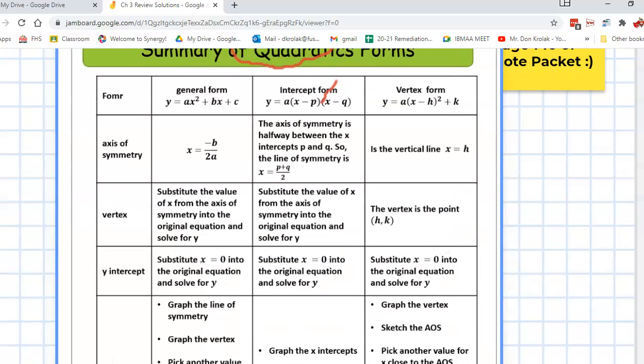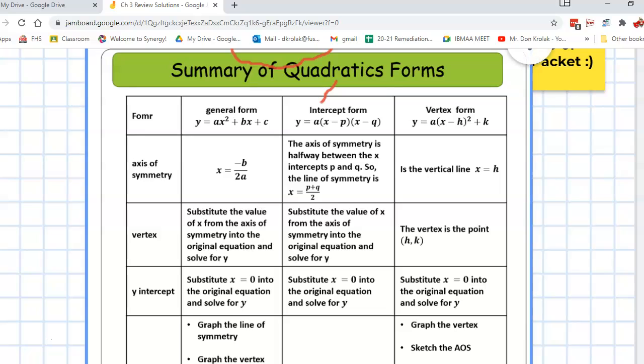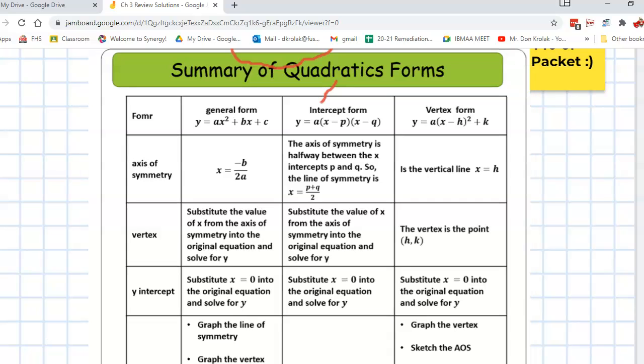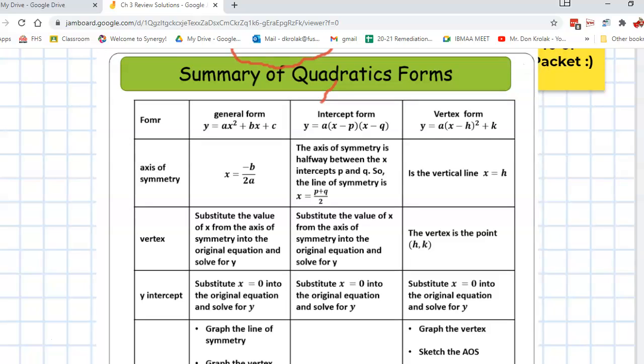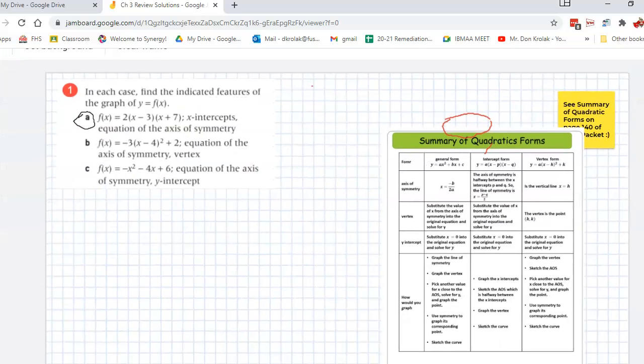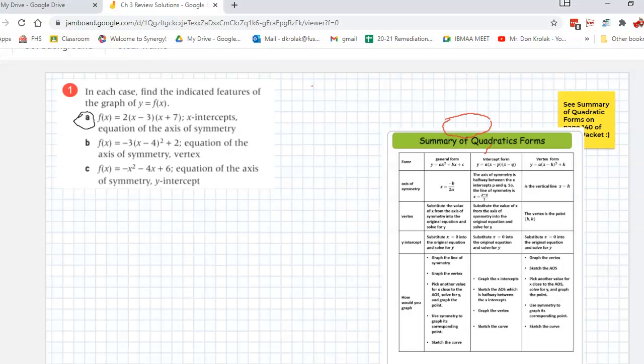The x-intercepts are going to be whatever makes this expression equal to 0, and whatever makes this expression equal to 0. Now notice, both of these are written with minuses. So to see the x-intercepts, you're going to be thinking about taking the opposite of what you see here. All right, so let's take a look at what this looks like.